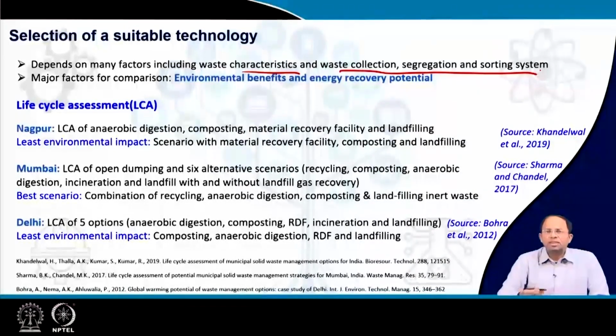If I am having mixed waste, I am not doing any kind of sorting, then we cannot have specialized systems which require sorted waste. We cannot do the entire sorting at the plant. That is impossible. We have to pre-sort it somewhere else. So it all depends on what sort of intermediate collection and segregation technologies or processes you are adopting. Based on that, we can determine what sort of technology we are going to adopt eventually.